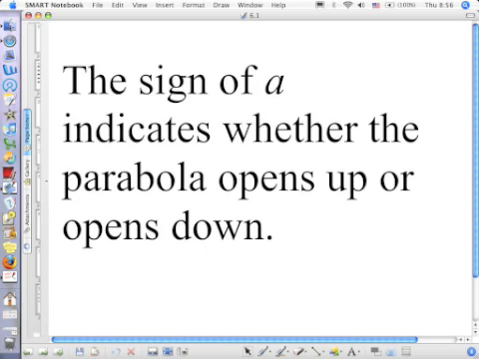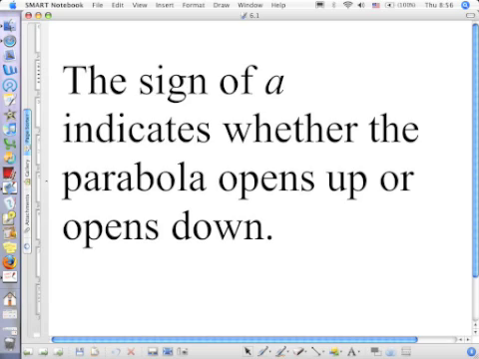The sign of a, the coefficient of your x squared term, tells us whether our parabola opens up or down. That's the V-shaped parabola? It's not a v, it's a u. Okay? The v is an absolute value function. This is in the shape of a u.